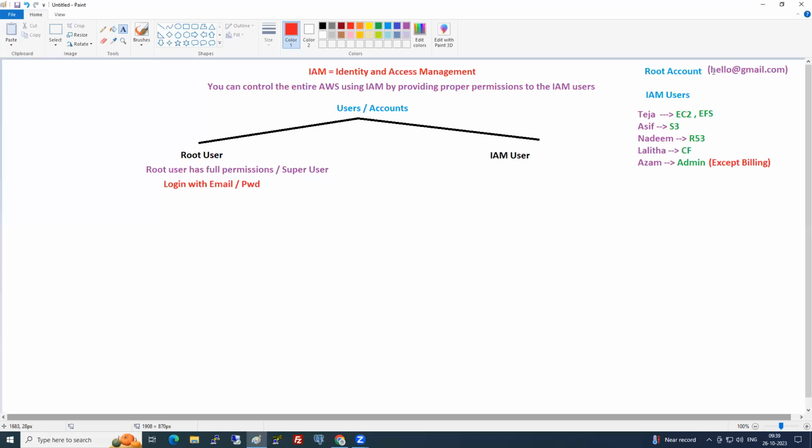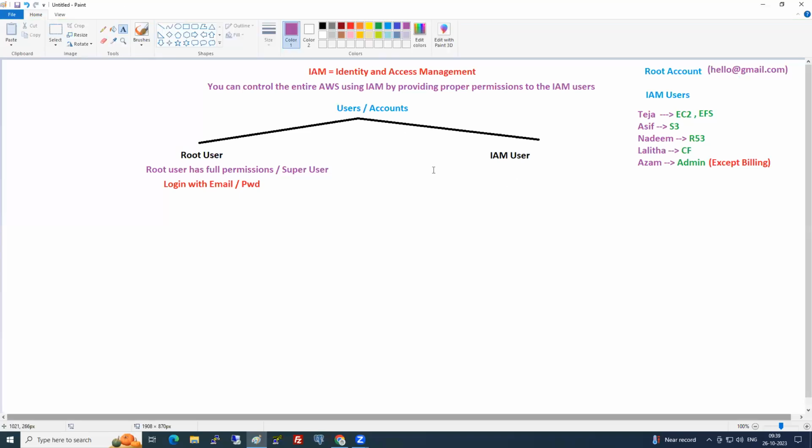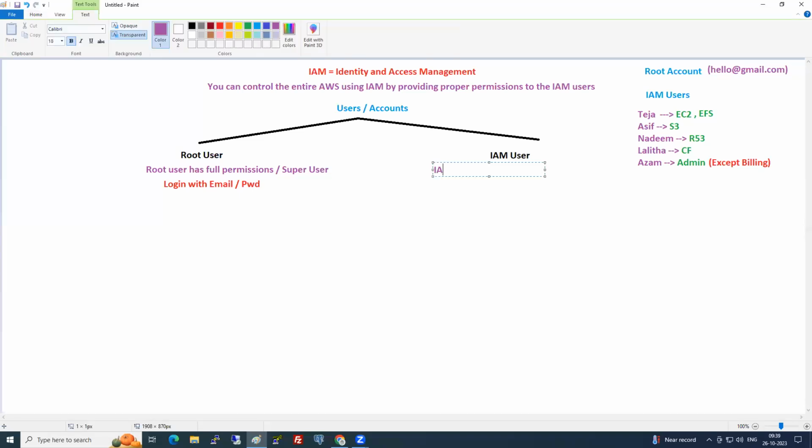So that is the root account. When you're logging in with email ID and password, assume that is a root account, and when we are logging in with just a username and password, that is called the IAM account. So does the IAM user have full permissions or limited permissions? Yes, IAM user has limited permissions.